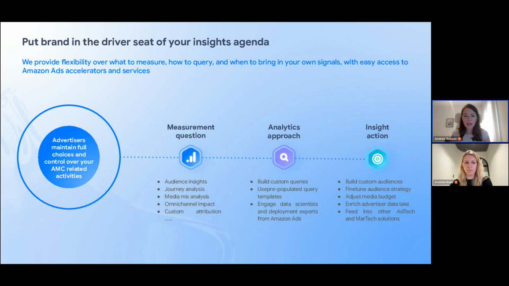This means that brands are actively in control of their insights agenda rather than passively consuming predefined reports that will give you more restrained analysis just because of what they are. They are prepackaged and predefined. So AMC empowers advertisers to own their measurement strategy and connect the data signals to turn those signals again into more concrete actions.